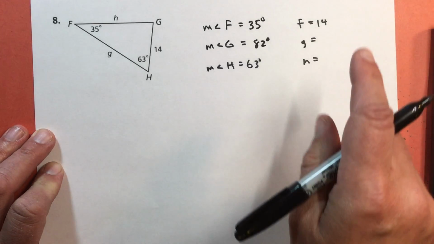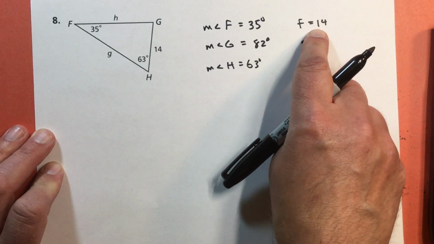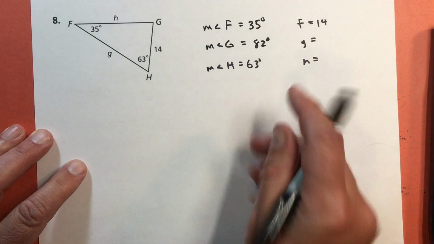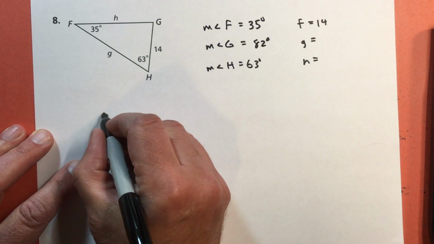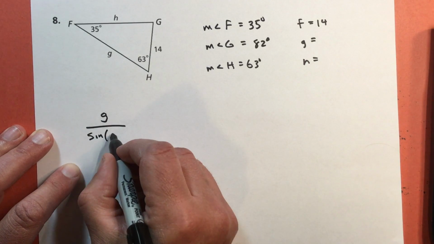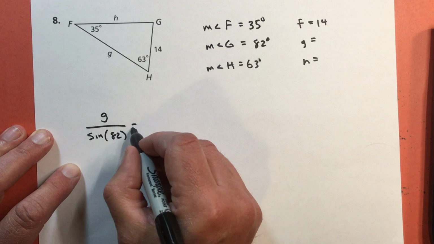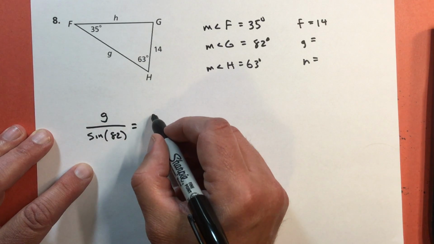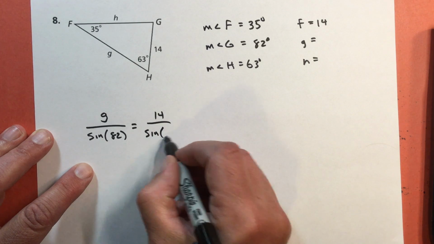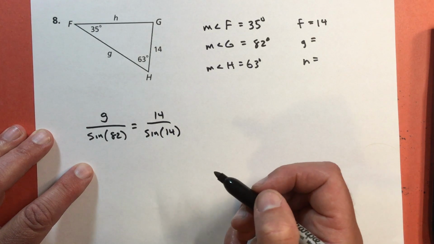My ratio is going to be side F over angle F. So let's find G first. That'll be G over sine of 82 degrees, angle G. And F, side F is 14 over the sine of angle F, which is 35.